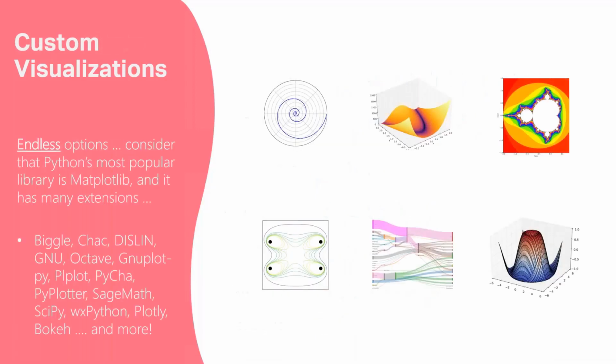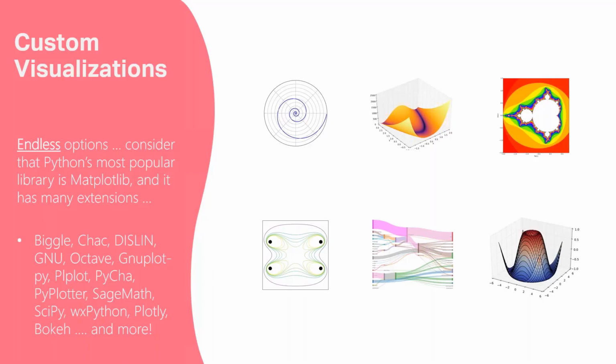But when it comes to the whole world out there, there's no way that we can keep up with what's available, and there's no reason to. We can't think of every possible scenario that would be a native visualization in Reveal, because we don't know your business, and you might need something very specific.